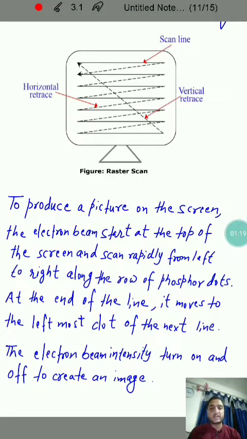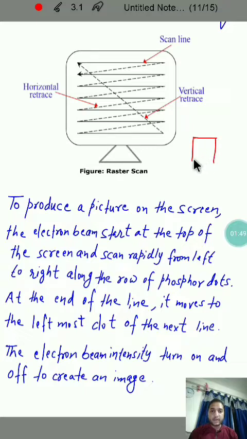Now what is raster display type? You know already that in raster display our screen area is divided horizontally and vertically into a small matrix of elements, and that small element is called a picture element or a pixel. We also define a pixel as a small addressable area in a computer screen.